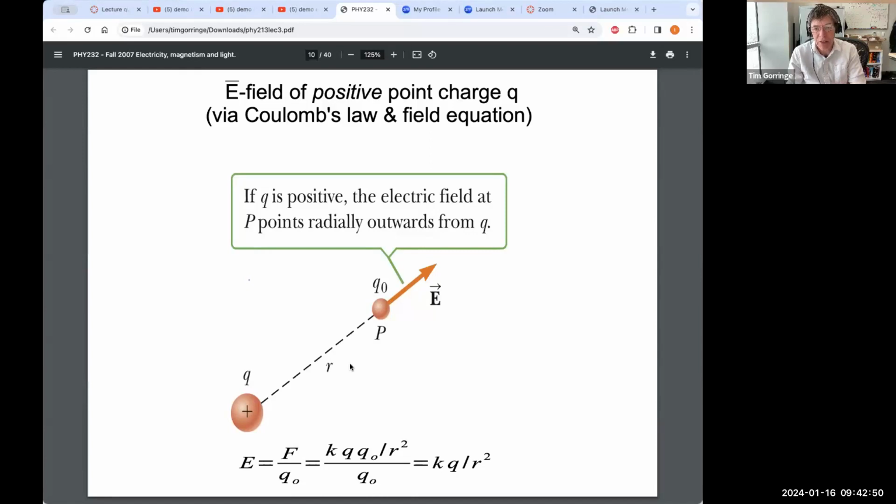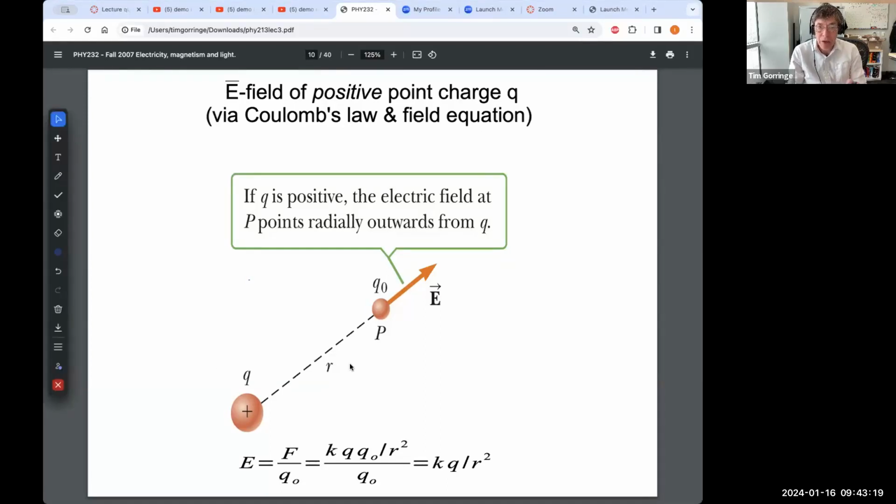This one for a positive point charge, where we're going to write down the strength of the electrical field, and we're also picturing the electrical field that's created by that positive charge. And on the next slide, I've got a similar looking overhead for a negative point charge, where we'll write down the electrical field of the negative point charge, and we'll see the electrical field vector for the negative point charge.